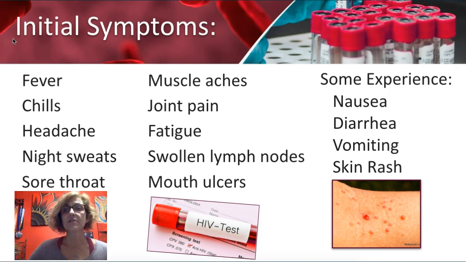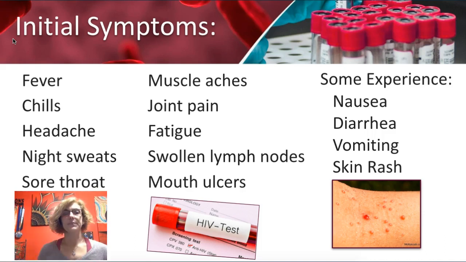Many times people don't know of the infection when they first contract HIV. In fact, 1 in 7 people with the virus don't know they have it. A lot of the initial symptoms are similar to any other infection that you would have: fever, chills, headache, muscle aches, joint pain, fatigue, swollen lymph nodes. Those are common infection signs.